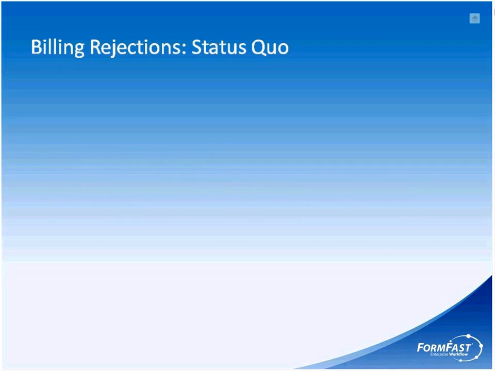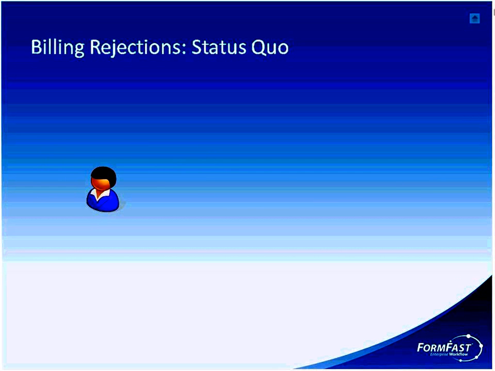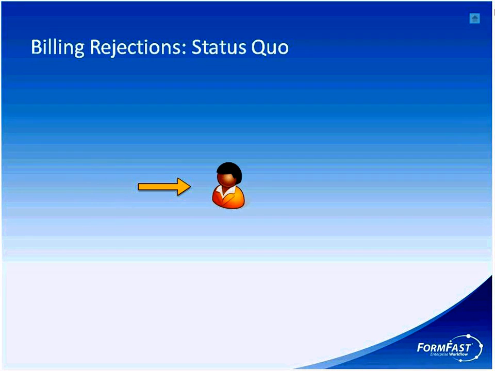In their status quo, the customer would receive a rejection or denial message back from their insurance carrier for a particular account, and that user may send that rejection by email. So it's an electronic process, but it sends email to a billing specialist who understands the process and who needs to be asked more detailed questions.